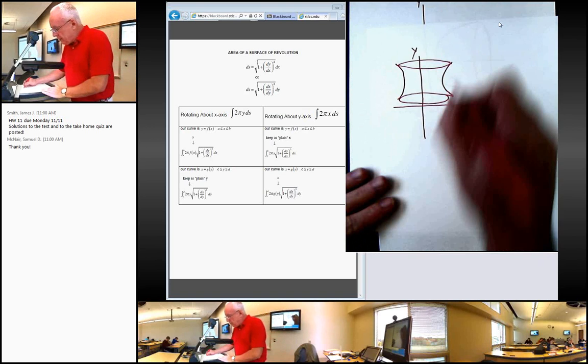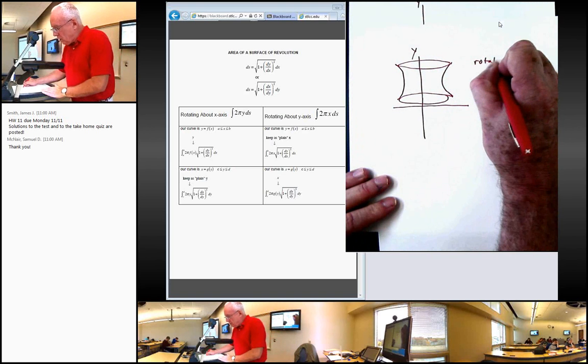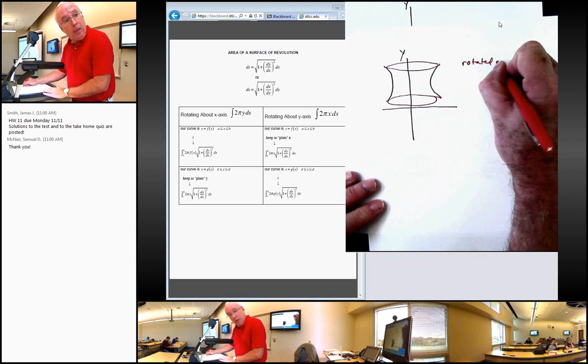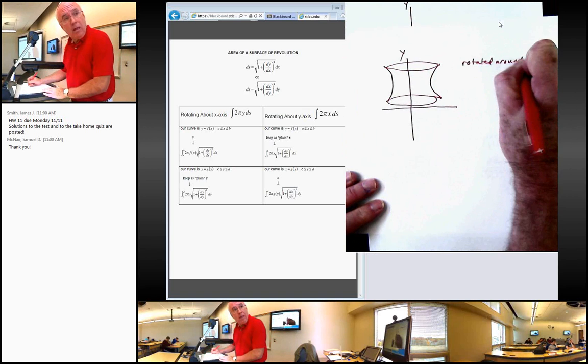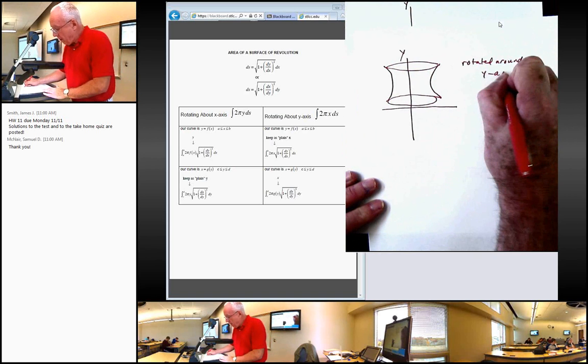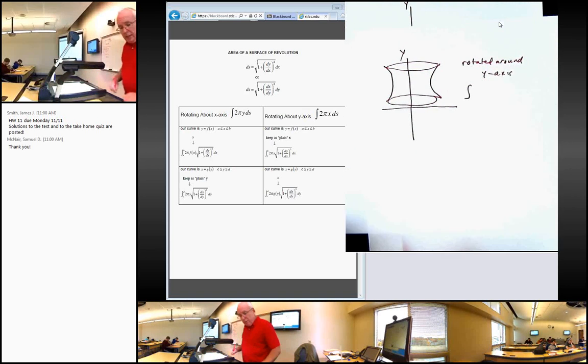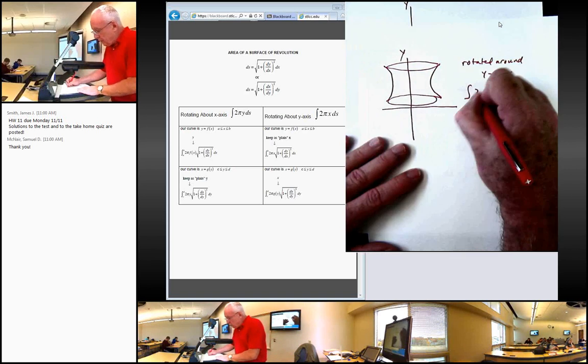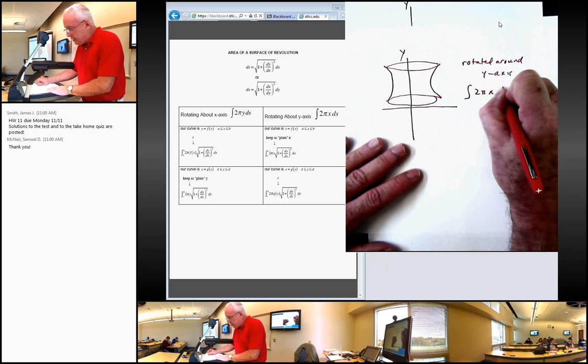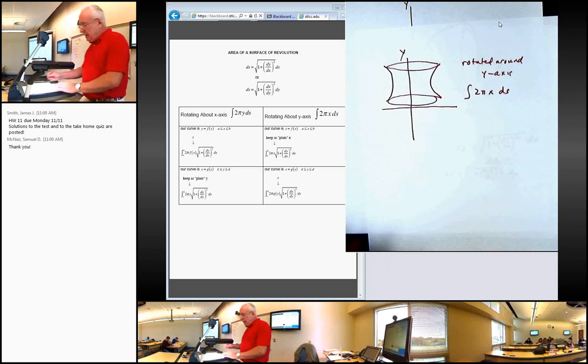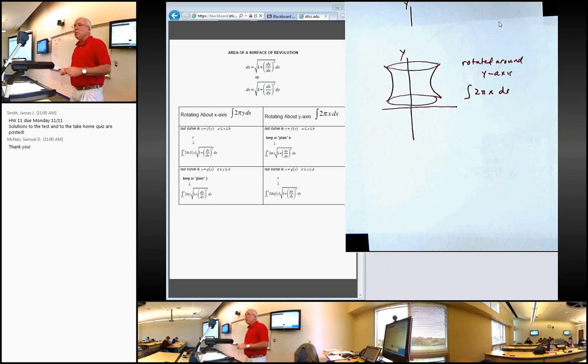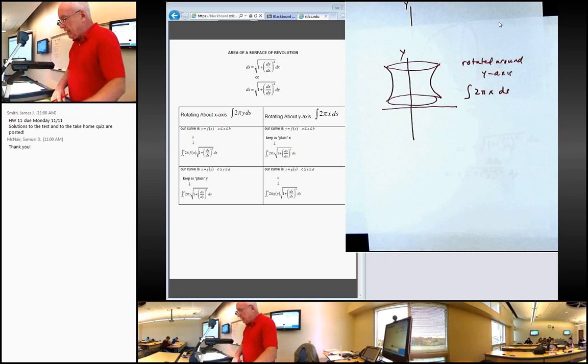If it's rotated around the y-axis, the general formula is 2 pi x times ds. And again, ds can equal either one of those two formulas that I gave.